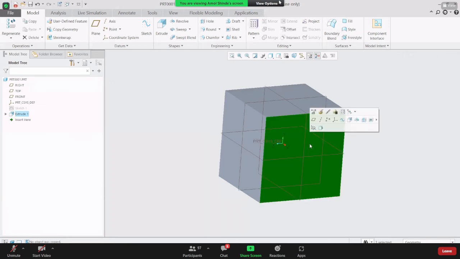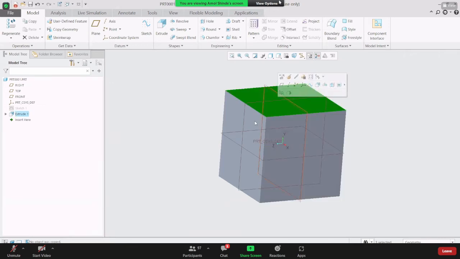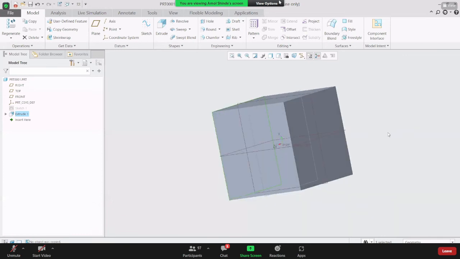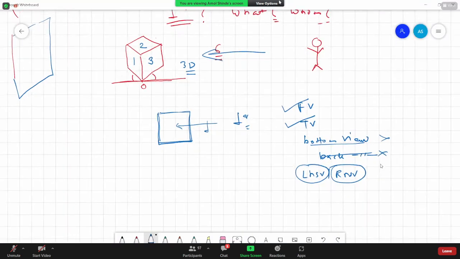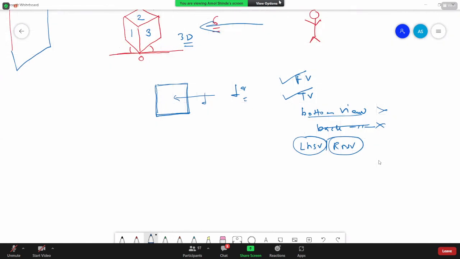So we take only the front, the top, and either LHSV or RHSV. Got it, everyone? Yes, sir. So there are 6 surfaces, 6 views possible, but to understand any object, we require minimum 3 views.